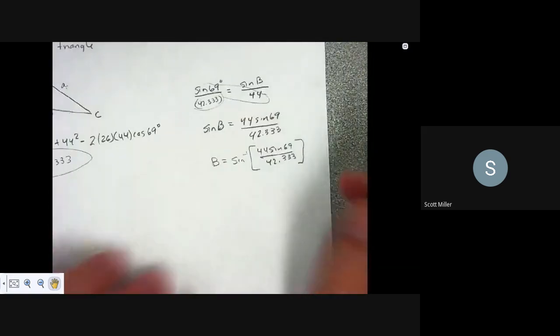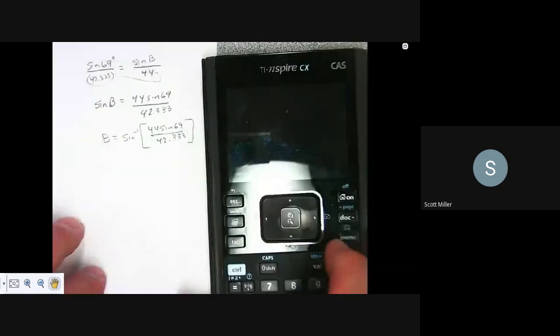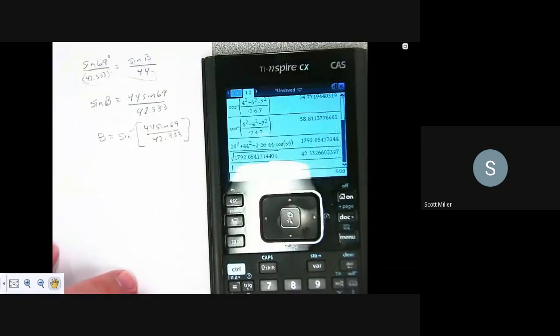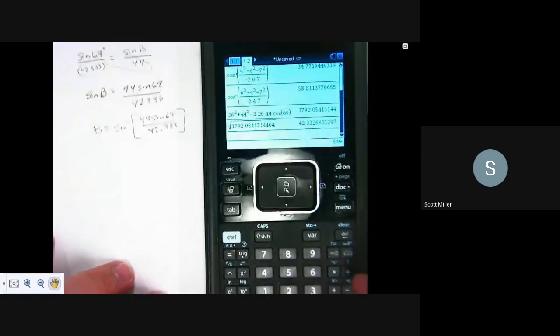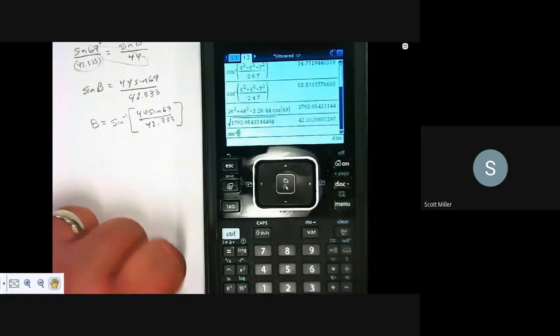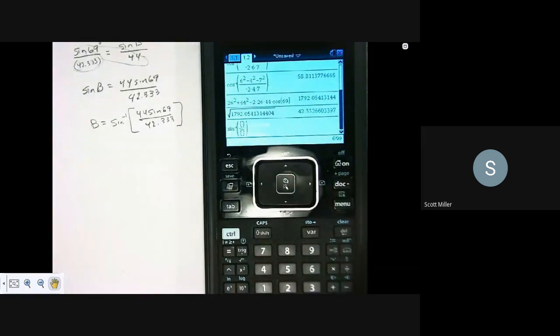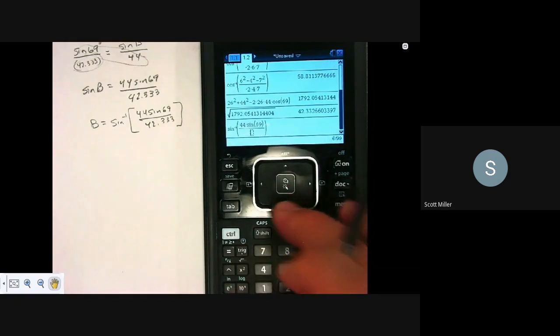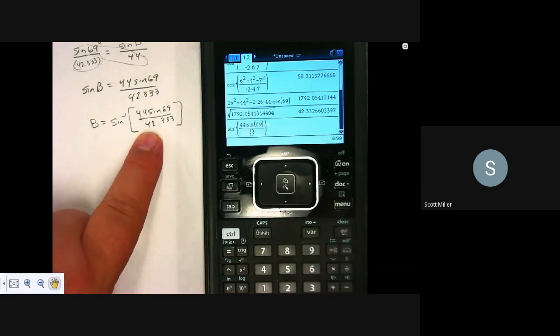Okay, so let's do that. Let me show you how I would type it in to get the best answer. So I would clear out of there. The sine inverse, and then the fraction, and I have 44 times the sine of 69 degrees over, now instead of typing in 42.333, I can just type this number that I'm looking at.